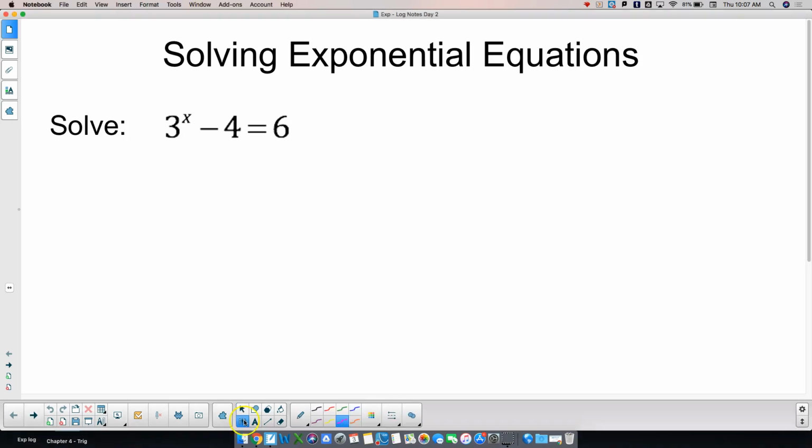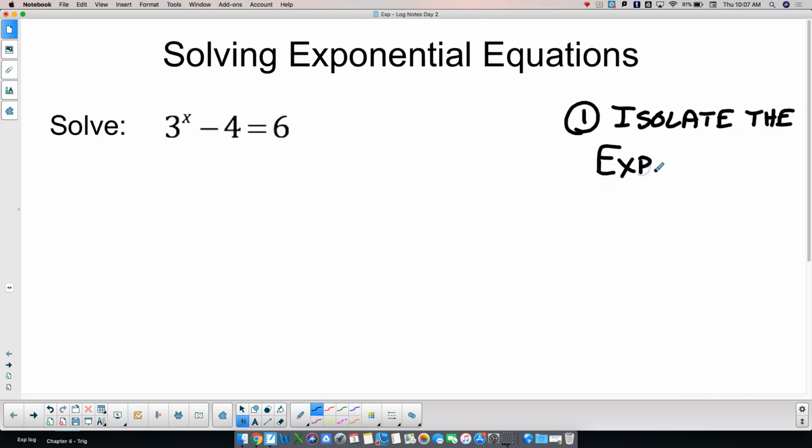The very first thing that we are going to do is isolate the exponential term. So nothing in front of it, nothing behind it, nothing above it, nothing below it. Isolate the exponential term.